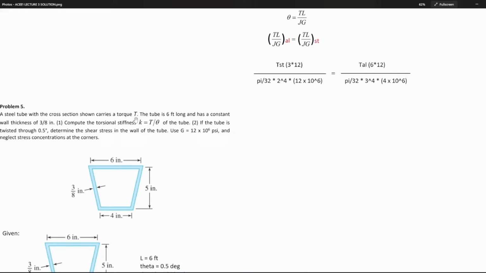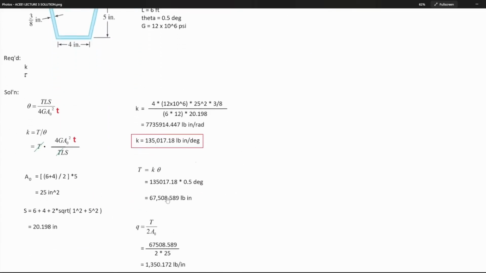Given theta, and since we've solved for K, we can now solve for torque T. You just multiply this value by 0.5 degree. So, you'll have 67,508.589 pound-inch as your torque.